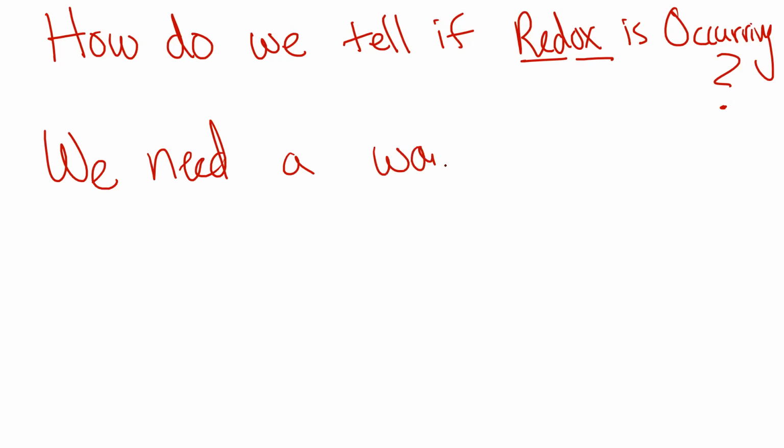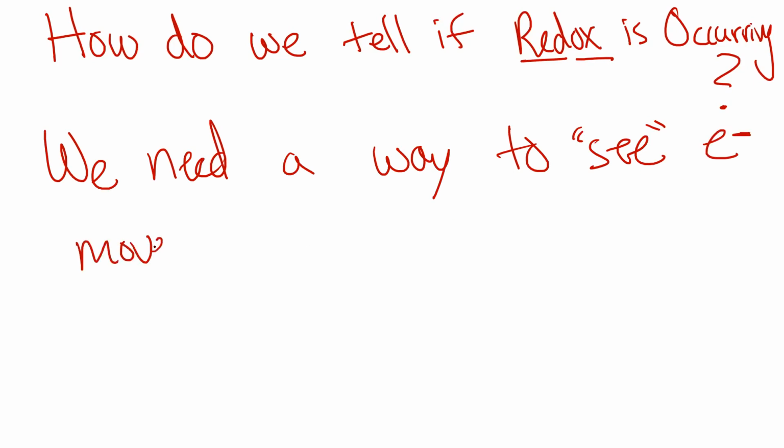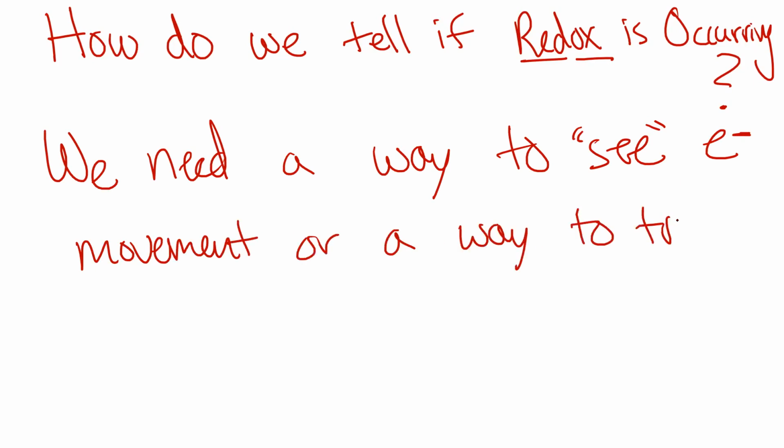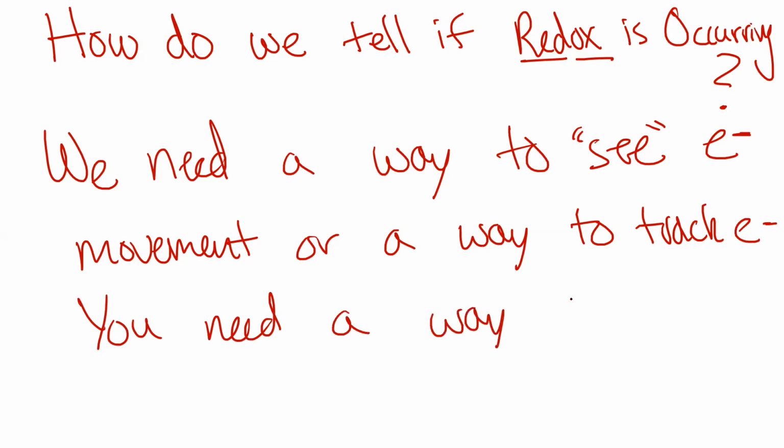We need a way to see electron movement, or a way to track electrons. Just like tracing money, if you want to see where the money is going, you need a way to count money. So you need a way to count electrons. And yes, I'm going to keep returning to the money analogy because it does work.